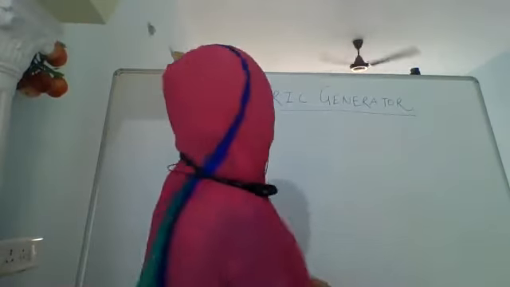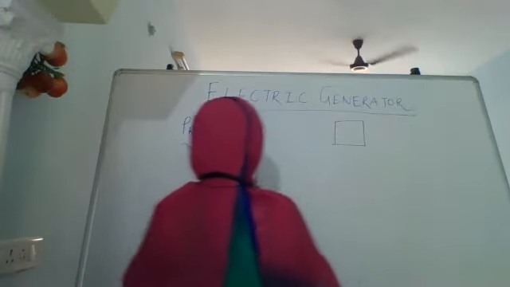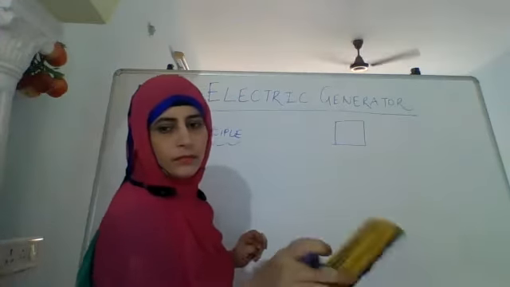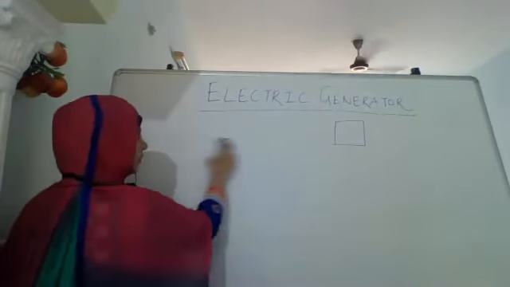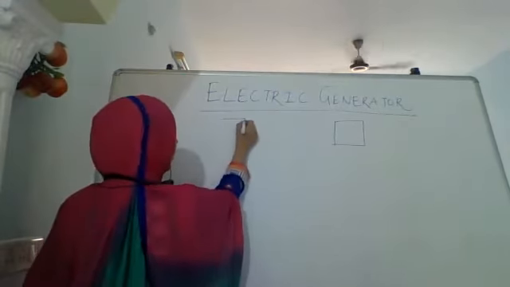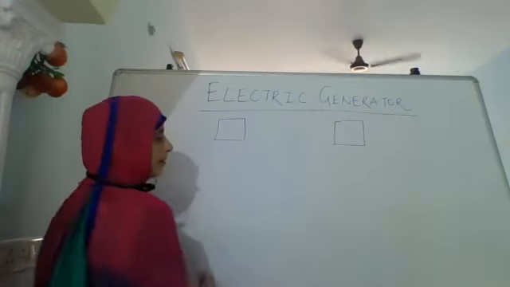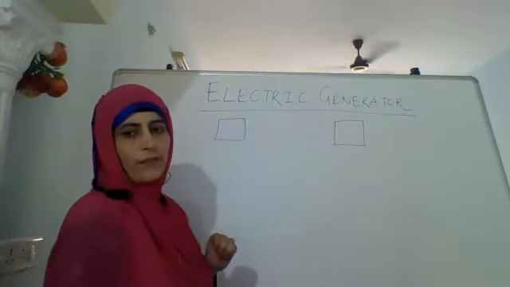So we have here one end, and this is another end of the magnet. And what is placed in between? A coil is placed in between.